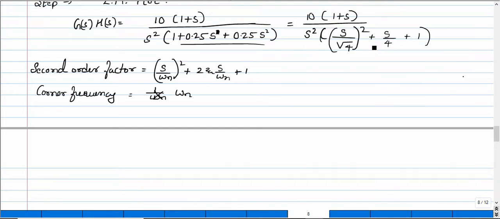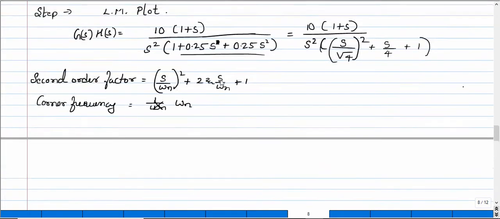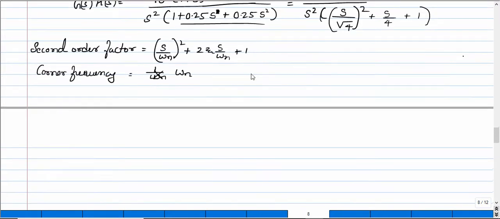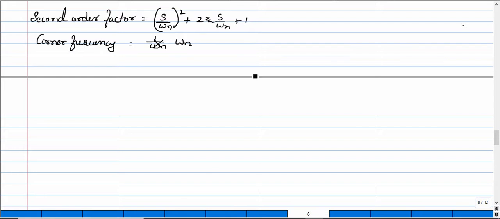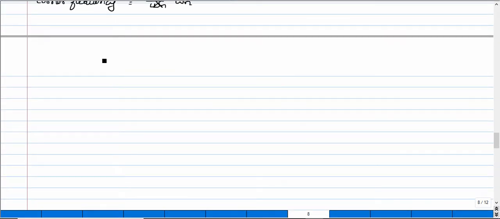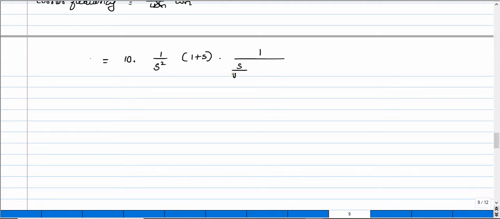Now we shall consider the factors. Let me write for the magnitude plot: we have the number 10 as the first factor, followed by 1 by s square as the second factor, followed by 1 plus s in the numerator as the third factor, followed by the second order factor, that is 1 by (s by root 4) whole square plus s by 4 plus 1.